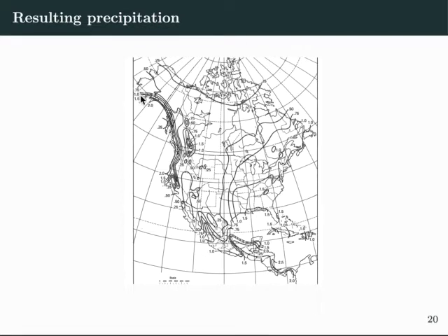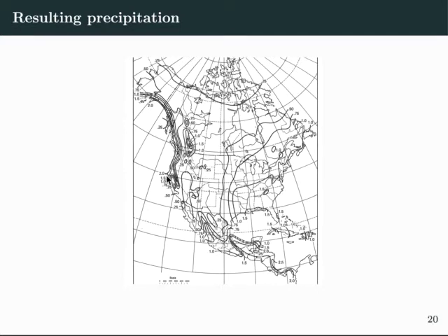Here we have a map of annual total precipitation. The units here are in meters. This is just from your reading. And so right along the western coast, we have this line, this precipitation isocline, is what we call these lines.